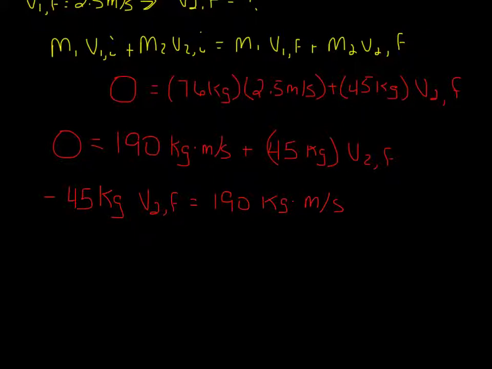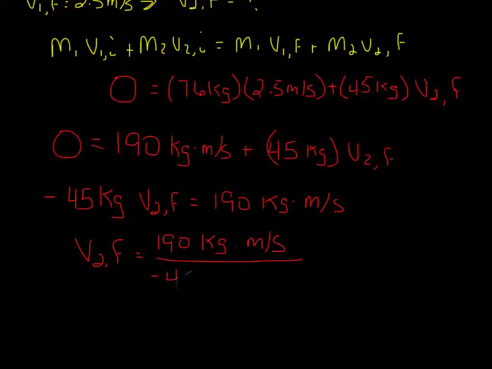All right, now to isolate the final velocity of the boat, I'm going to divide by this negative 45 kilograms. So V2, my final velocity, is 190 kilogram meters per second over negative 45 kilograms.